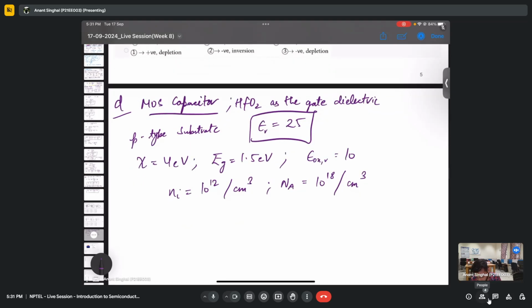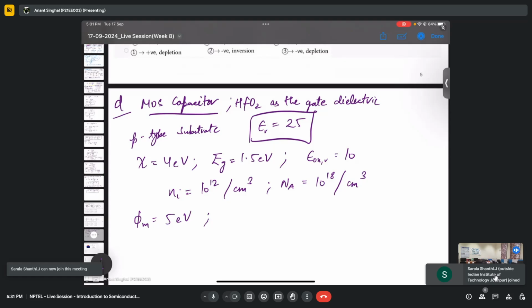Now the gate is made up of some metal whose work function is, let's say, 5 electron volts, and the gate oxide thickness Tox is 100 angstrom.